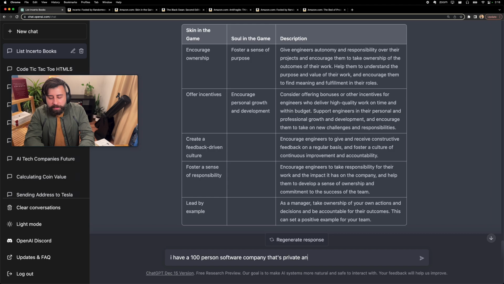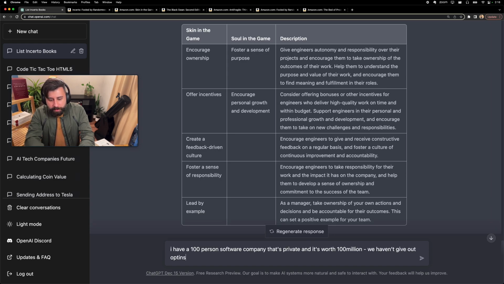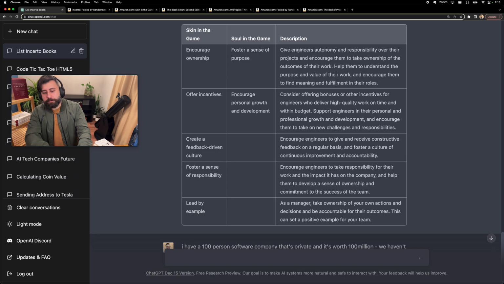Okay, and it's worth, let's just say, 100 million. We haven't given out options yet. How would we give me examples of encouraging ownership and fostering a sense of purpose, and put it in a table.